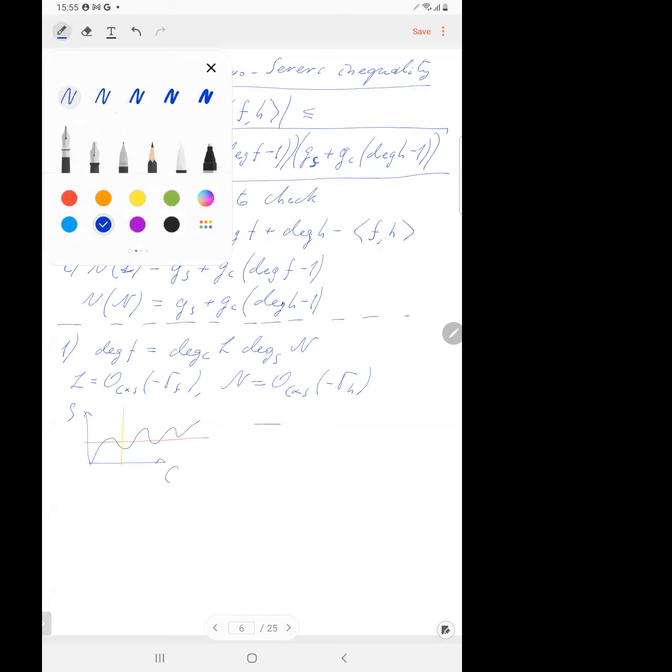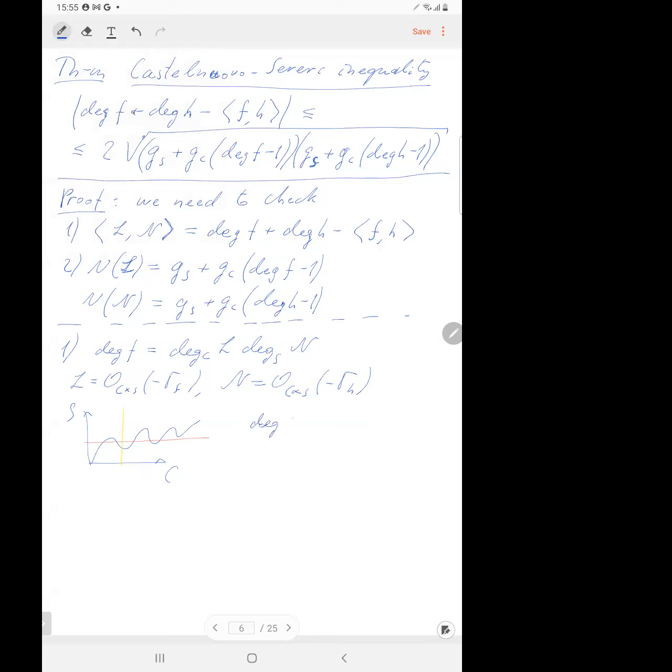Yeah, the degree along C of any line bundle is the degree of this line bundle restricted to C times a point of S, for any fiber.